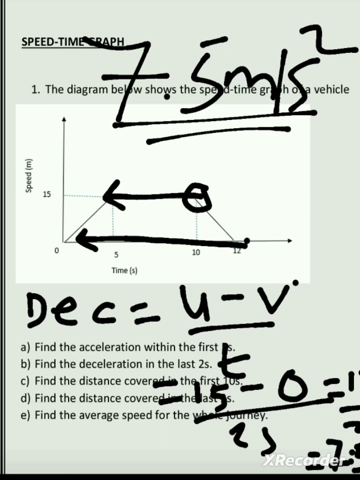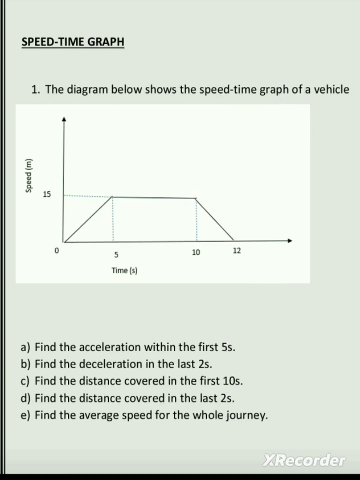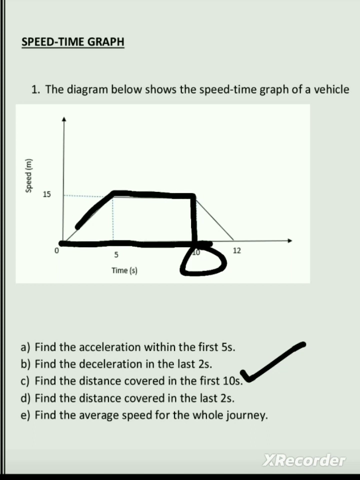We go to question C. Question C, find the distance covered in the first 10 seconds. So first 10 seconds is up to here. So what shape do we have here from here to here? We have something like this, which is a trapezium. It has A from 0 to 10, so 10 minus 0, A is 10.